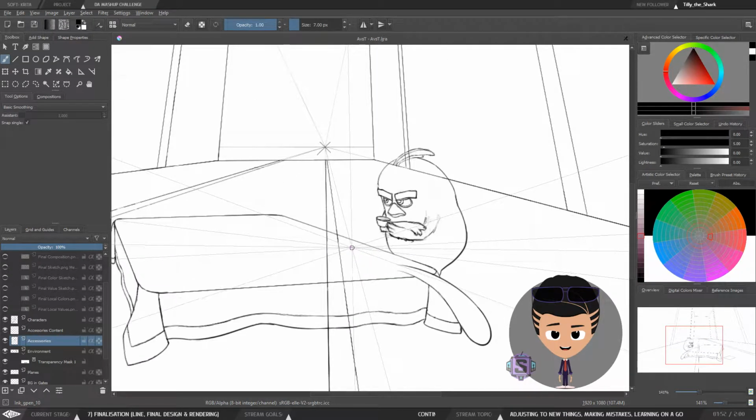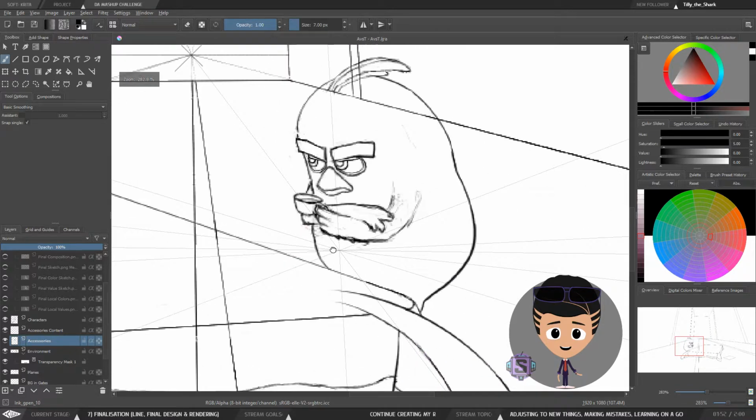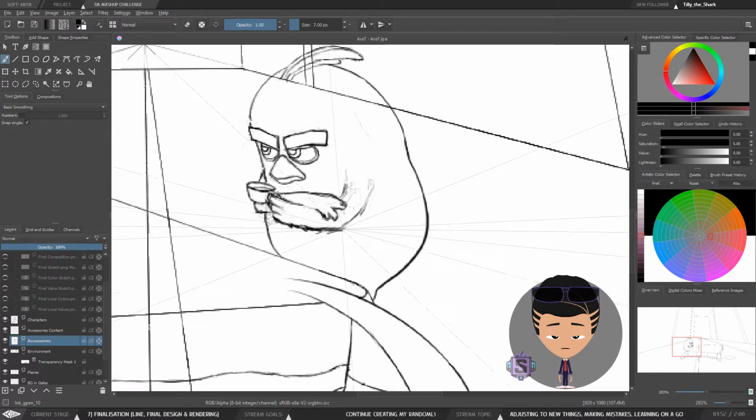Now they actually seem too short. No, they actually are short. We could make these things a little bit bigger, I think.